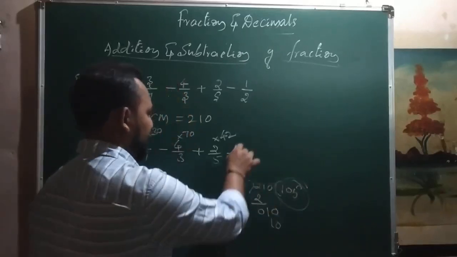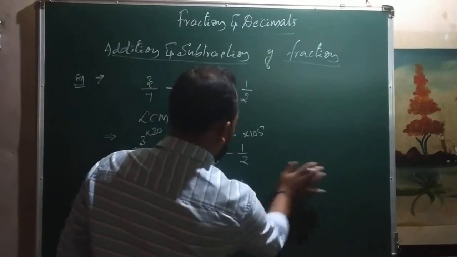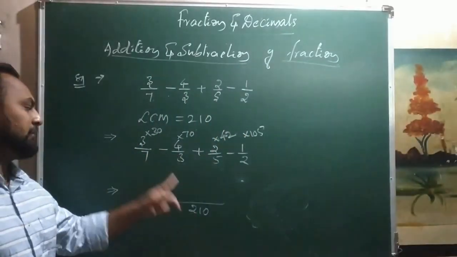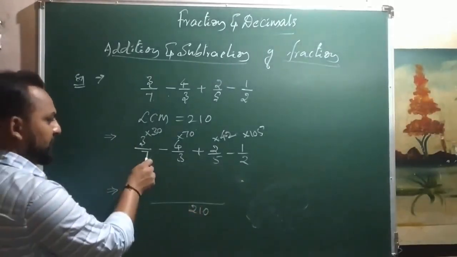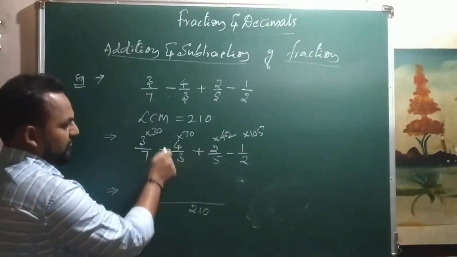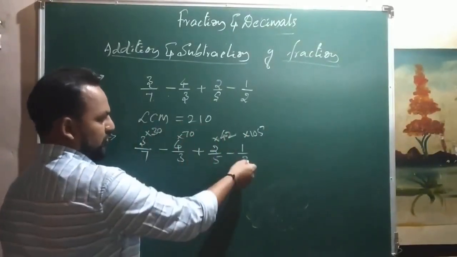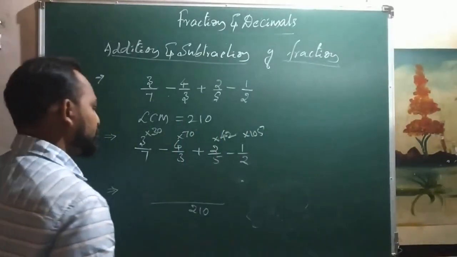So dividing the LCM by each denominator: 7 30s are 210, 3 70s are 210, 5 42s are 210, 2 105s are 210. Okay.